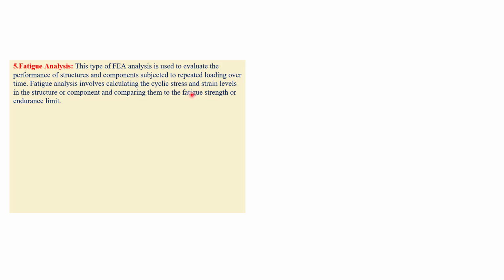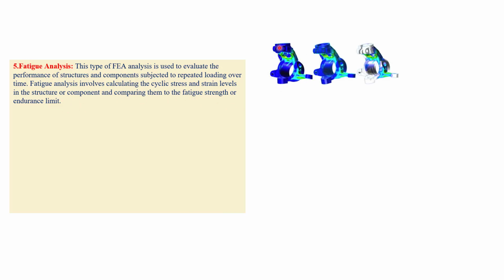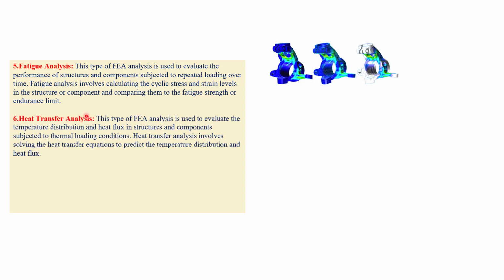Depending upon the material and the inputs we give in the FE-Safe tool, we get the fatigue strength and the endurance limit of that particular component. You could see this is the engine mount. This is the region where it is going to fail, and then we'll check the strength here and try to optimize it or redesign it or change the design so that we can have a better component which should last longer, right?